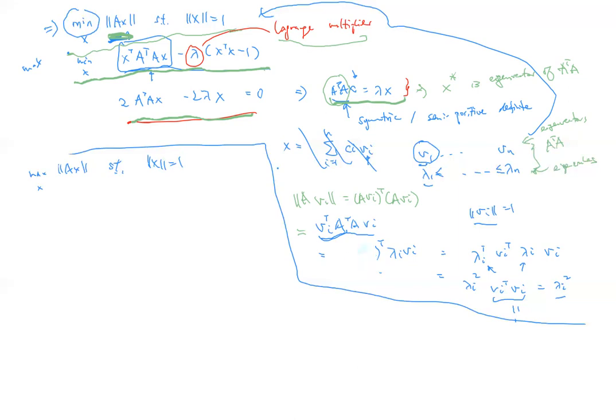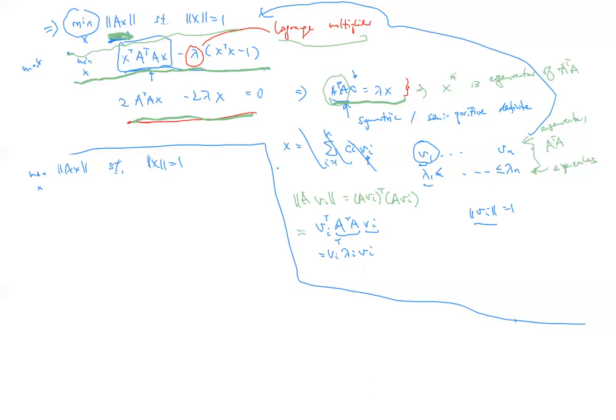But here I actually wrote incorrectly, so let's erase this. Now vi is an eigenvector of A transpose A, right? So this multiplied by vi should be just lambda i vi, with vi transpose in front.